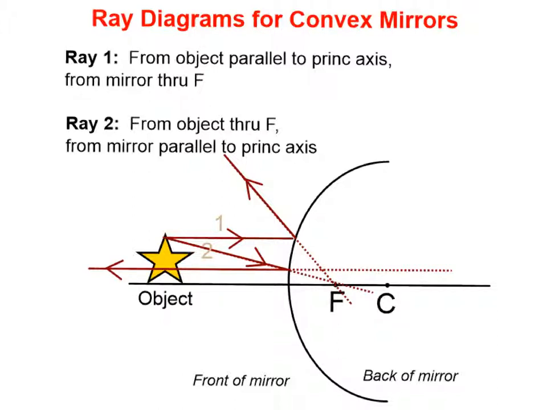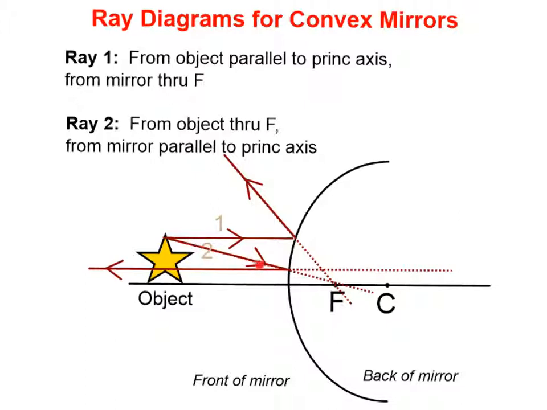Now how do we draw ray 2? Well, ray 2 is going to be from the object through F, and then from the mirror parallel to the principal axis. You can see right here, we're drawing ray 2.